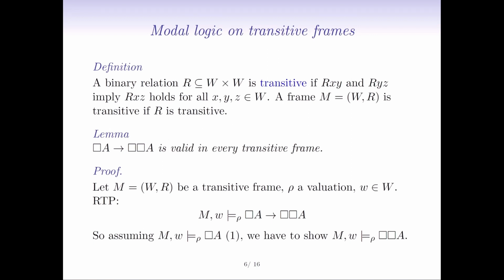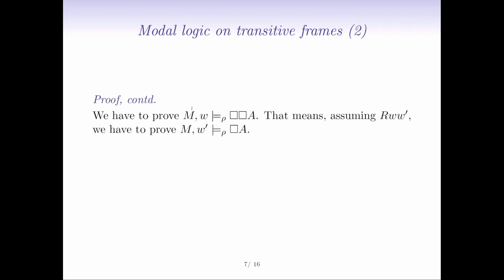So remember that box A basically says that A is true at everything accessible from W, and box box A says that A is true at all worlds accessible in 2 steps from W, essentially. And so we're going to work on that, and we're going to start by simplifying the goal. So remember what we have to show.